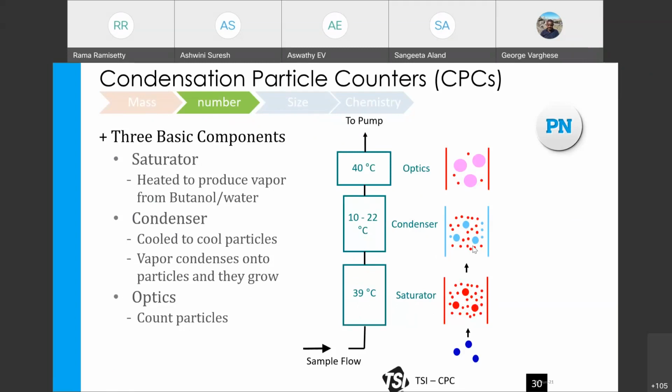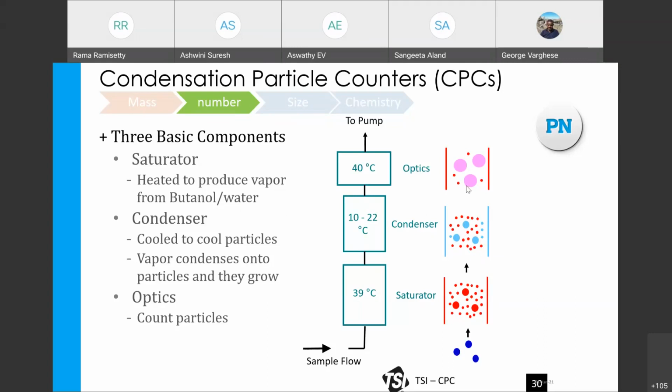Then immediately the particles are pulled into the condenser region. In this region, the fumes of the saturated liquid condense, and the particle size is increased. This is called the condensation method.